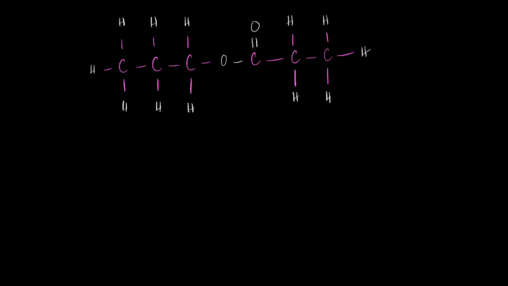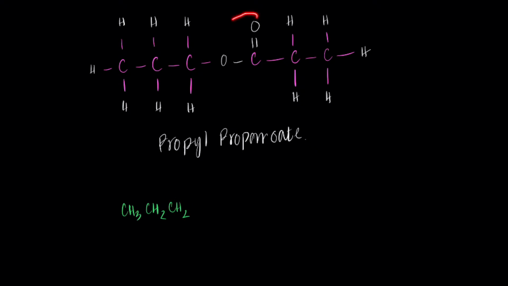Okay. Now, this is, I think, propyl propanoate, because it's just 3 each, so you don't even have to think about it. Propyl propanoate. And the structural formula for this is going to be slightly different. CH3, CH2, CH2. Now over here, you want to highlight it in a different way. So first you write the oxygen, then the carbon with the double bonded oxygen.